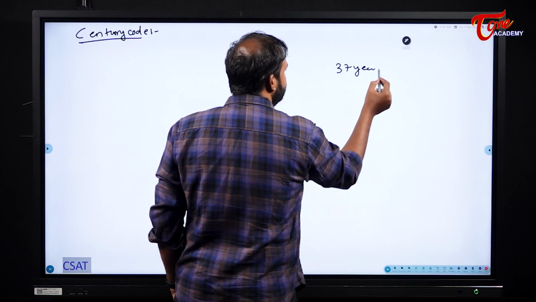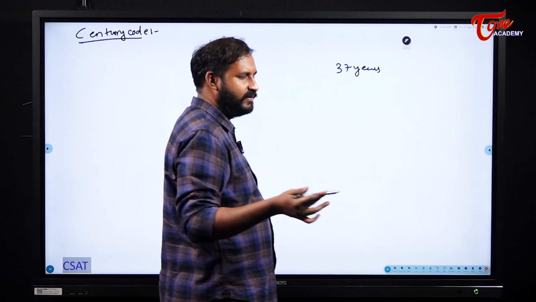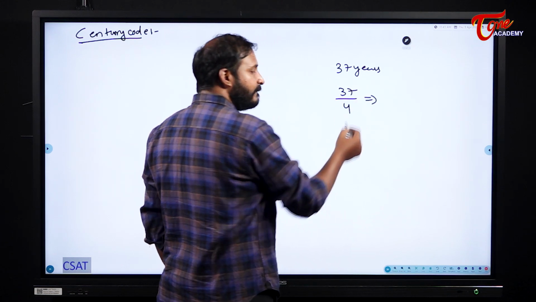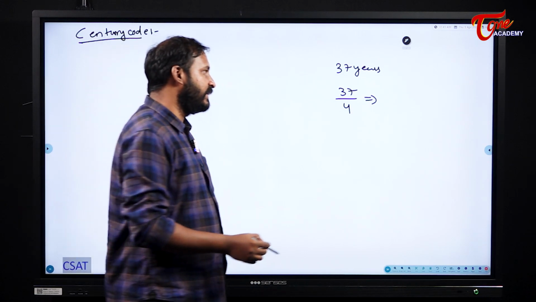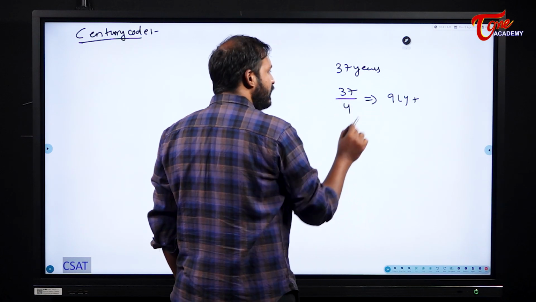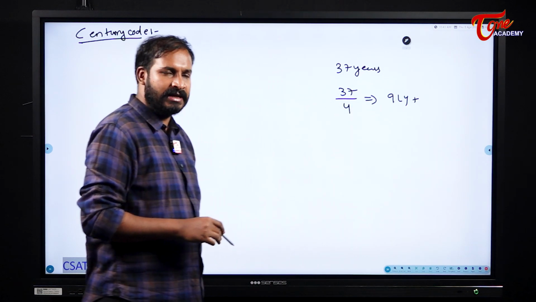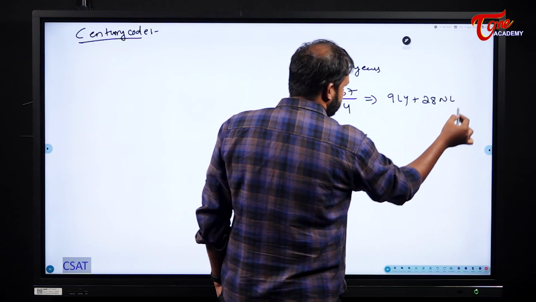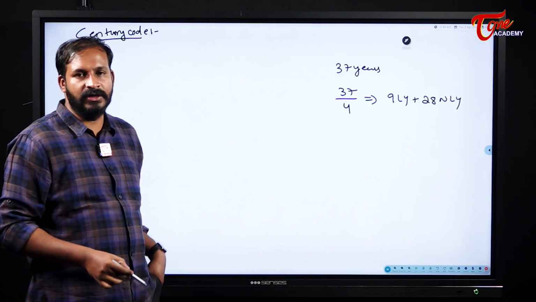How many leap years will we have in these 37 years? Simply we divide 37 by 4 and we get 9 leap years, and the remaining are 28 in number. So these 28 will be non-leap years. Like this we can do it if I give you any set of years.